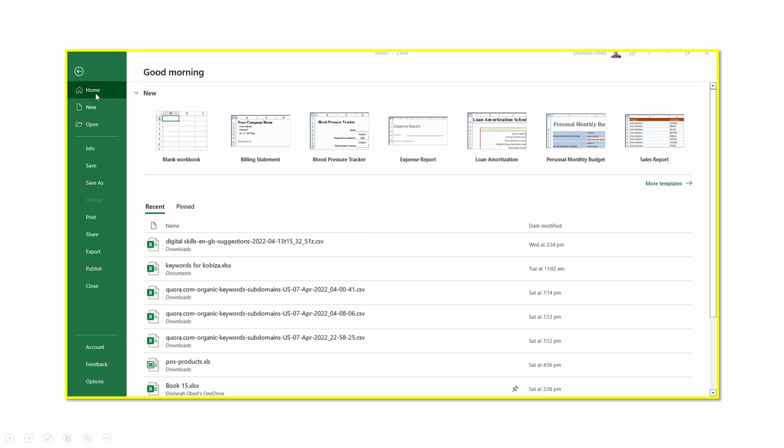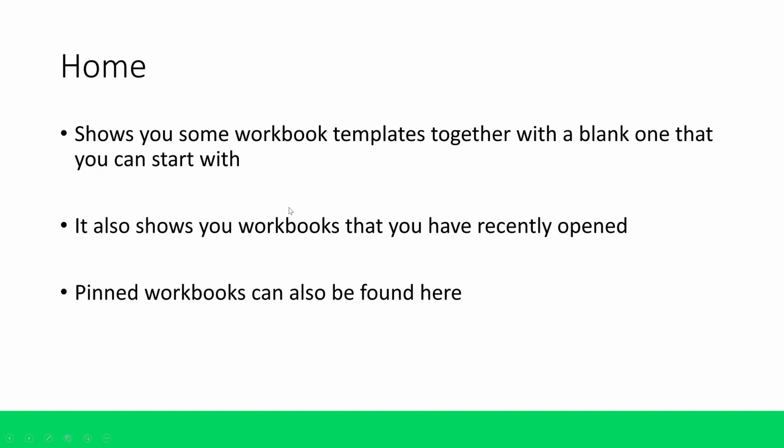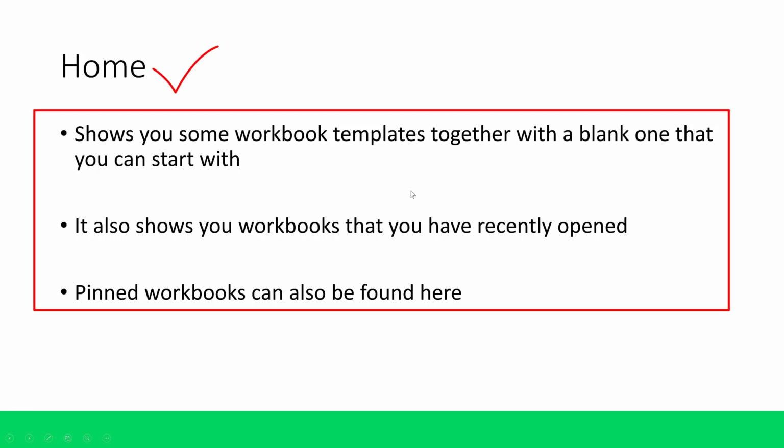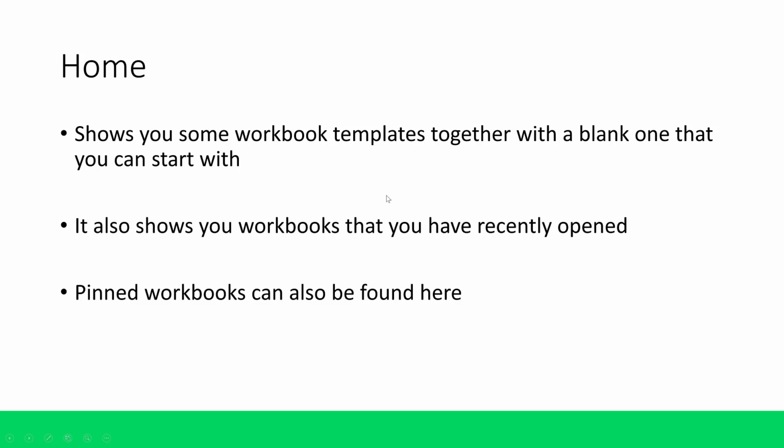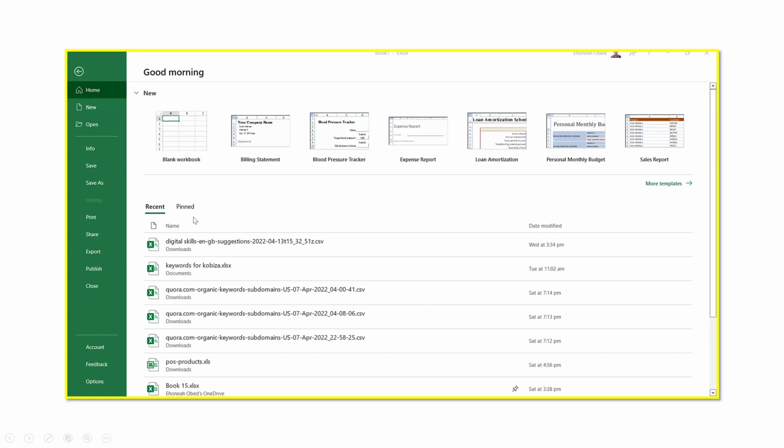So the backstage view has these various options here. The menu here, we have home, new, open, info, save, save as, print, share, export, publish, close, accounts, feedback, options. The names are pretty much suggestive of what they are supposed to be used for, but we'll quickly run through them. The home shows you some of the workbook templates that you can use to create new workbooks, and also you are allowed to pin workbooks.